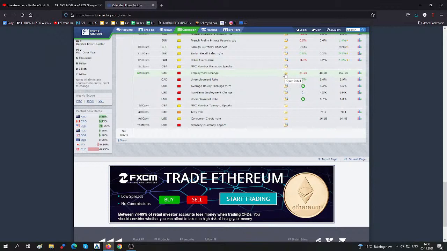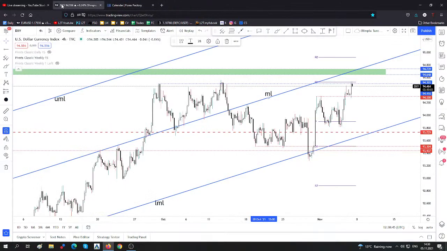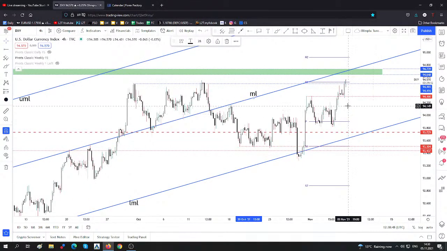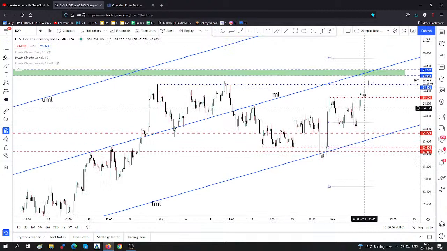Employment change 31,200, and yeah, non-farm payrolls, non-farm employment change, better than expected, guys. Let's wait also for the unemployment rate and the average hourly earnings. Let's take a look. So right now the dollar index rallies as expected after better than expected non-farm payrolls, and yeah, it's out.